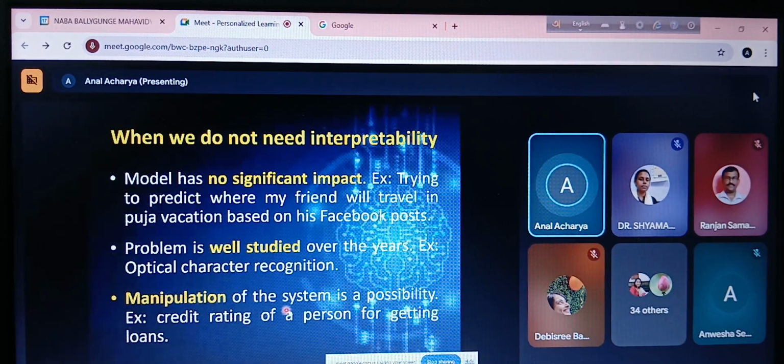And then manipulation of the system is a possibility. For example, the credit rating. Whenever a person is getting a credit rating, why is he given such a credit rating? That has to be understood.